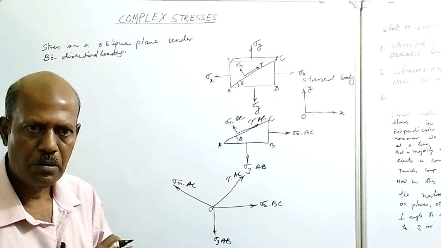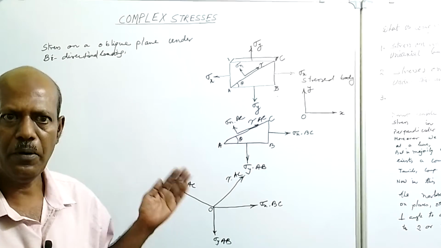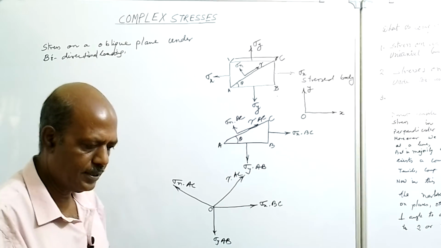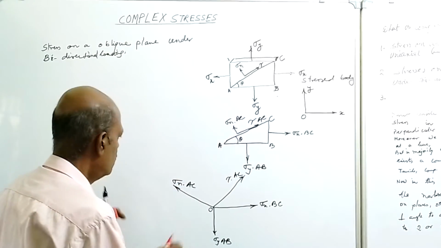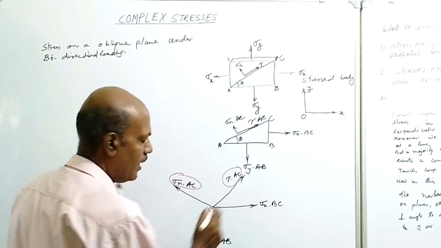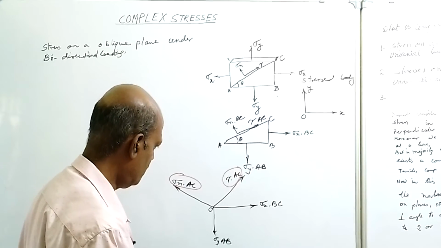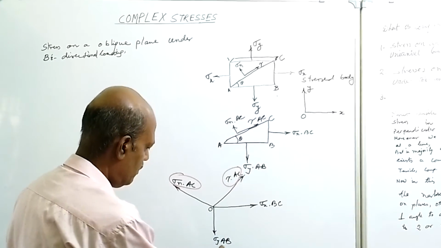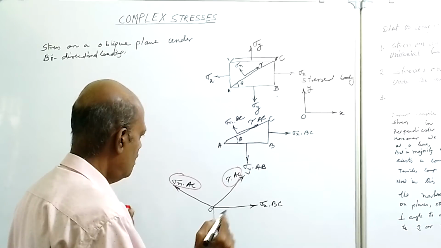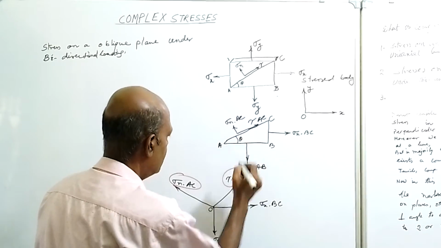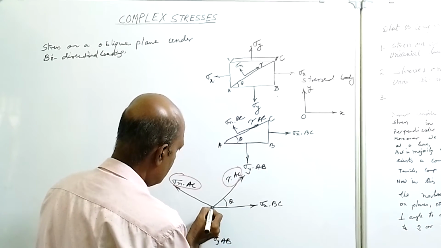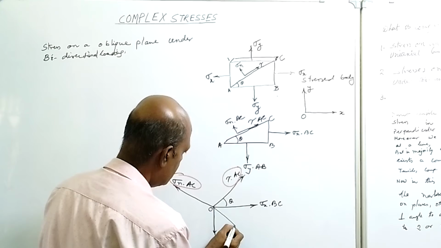Now our main idea is to determine the sigma n and tau values here. So to determine them, we will not disturb these two forces. The other forces, this force as well as this force, we will just resolve. So this angle is theta. Now just extend this.